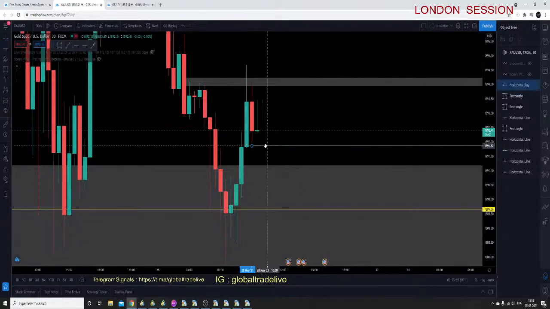So once this candle breaks the low, we'll be taking sells.